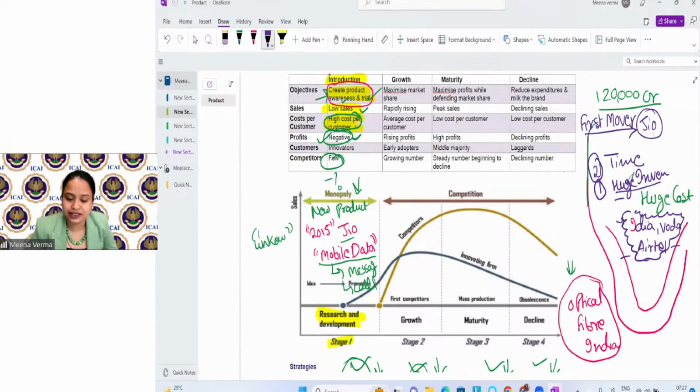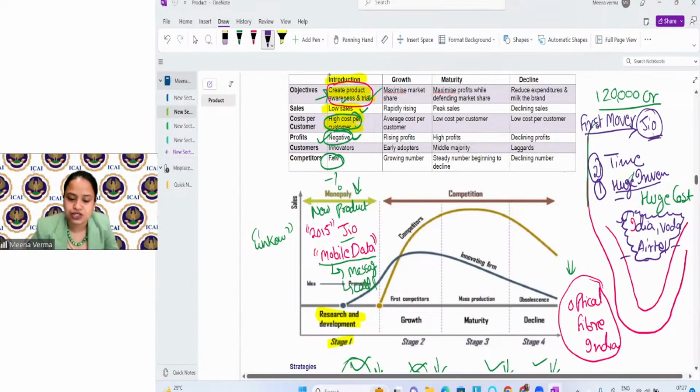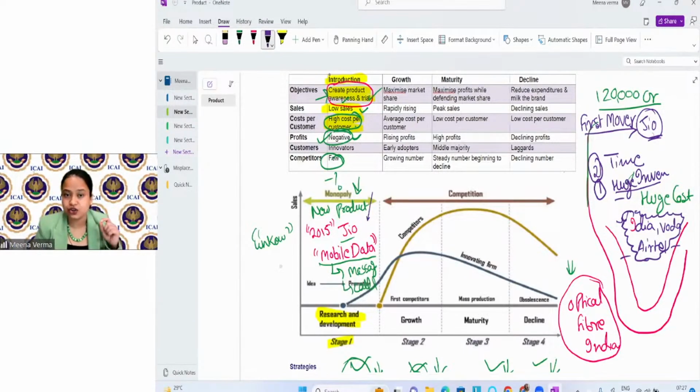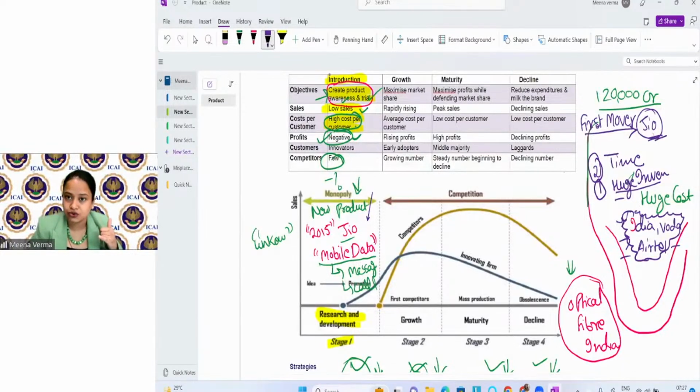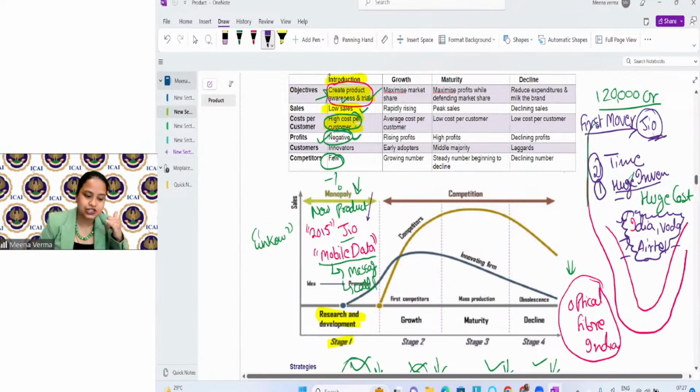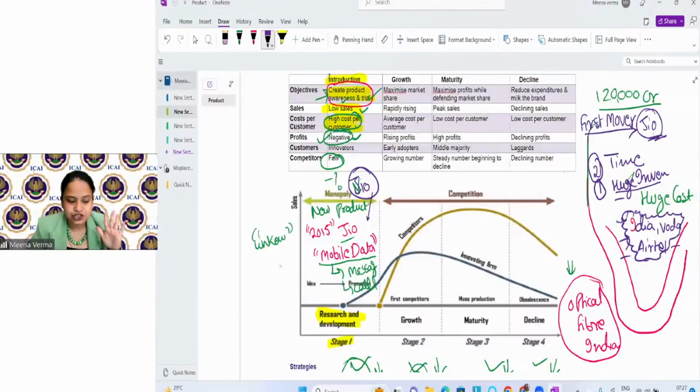And the point was that when Jio introduced their product in this introduction stage, you can see no other company had this facility of mobile data. These companies were charging money for messages. These companies were charging for calls, which is all free in the case of Jio. So for that reason, initially Jio created a monopoly. Jio had a monopoly in the initial stages. Okay?